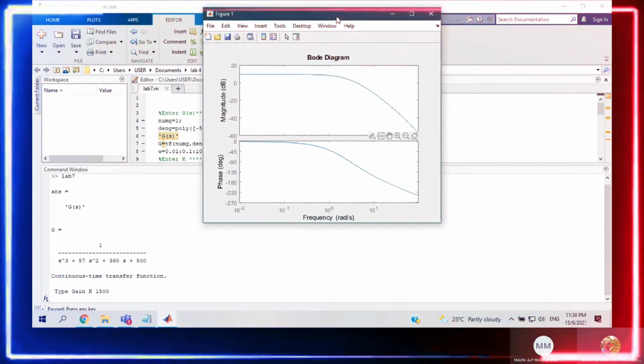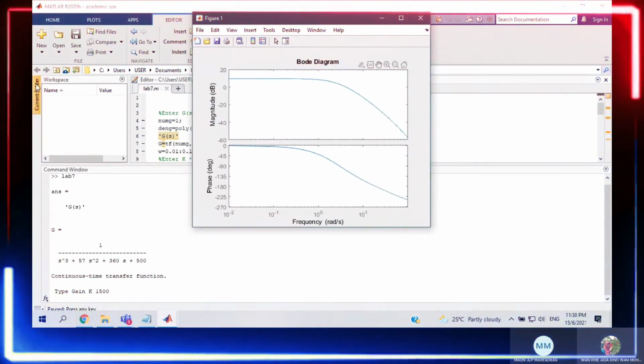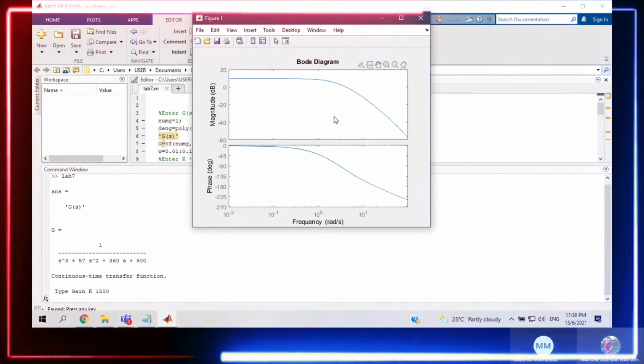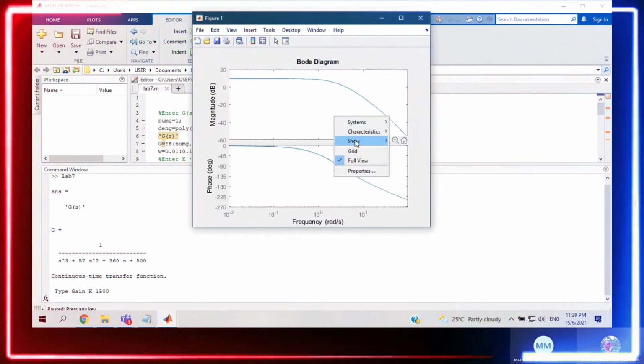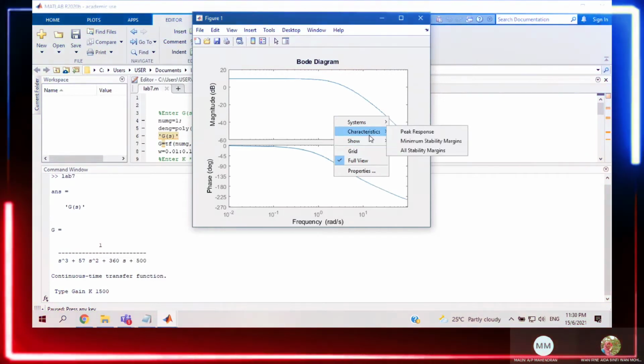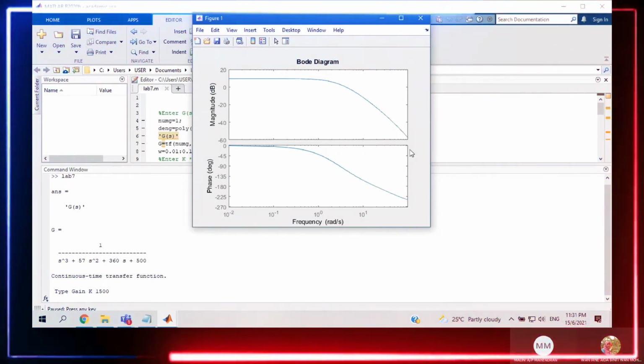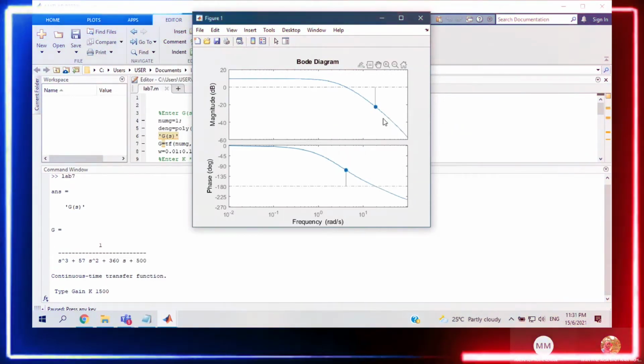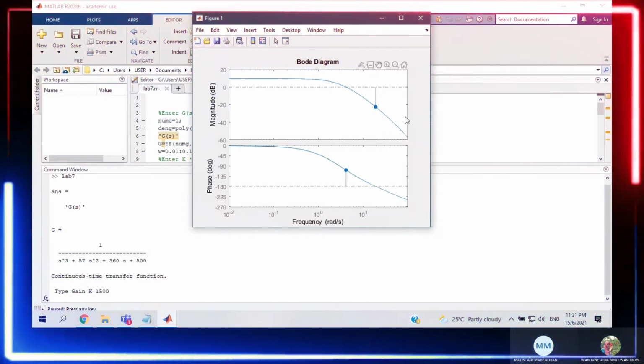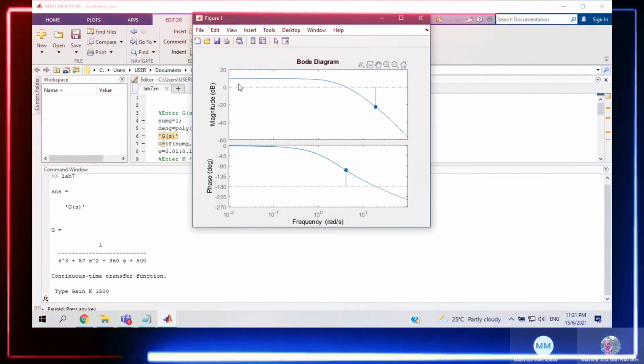So this is the Bode plot that we get from MATLAB.